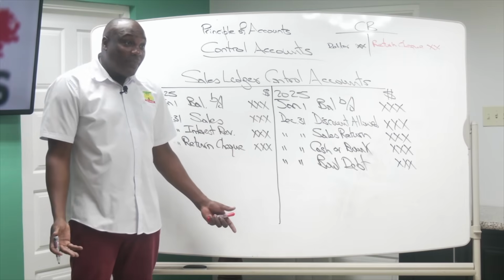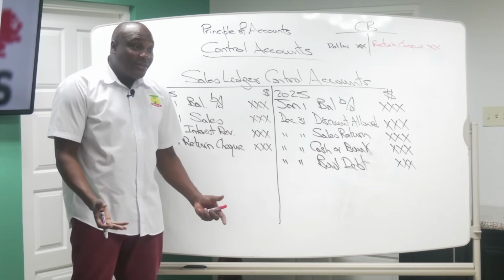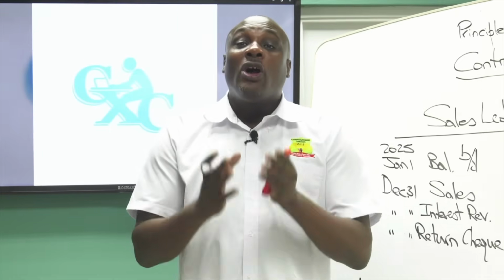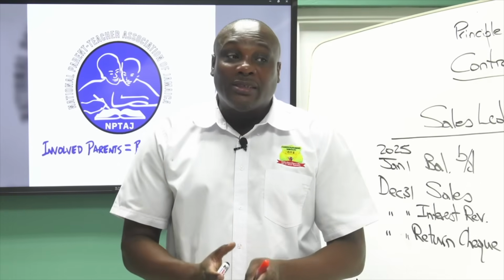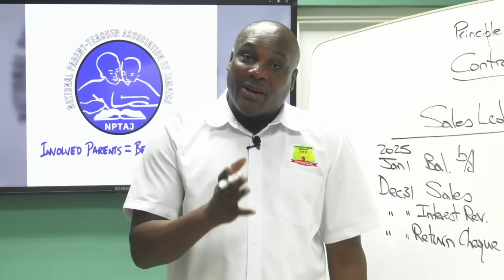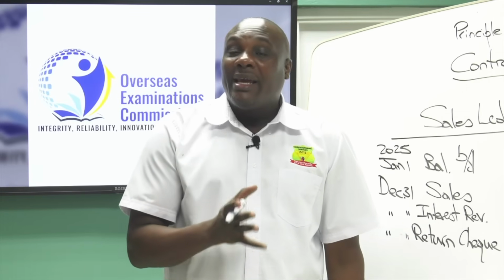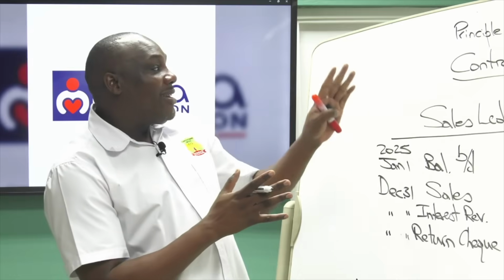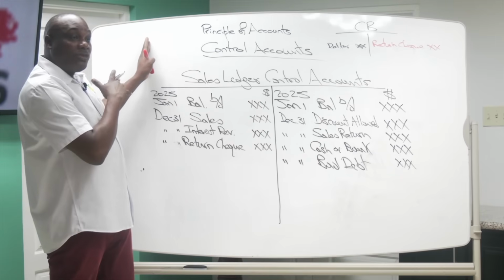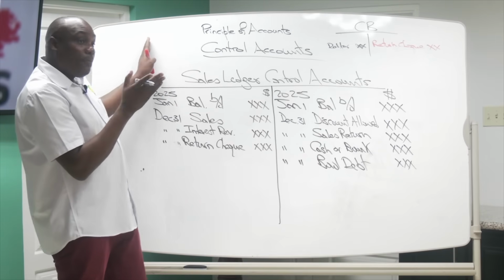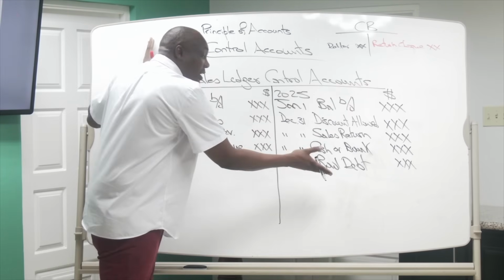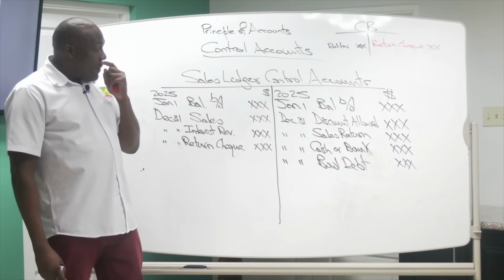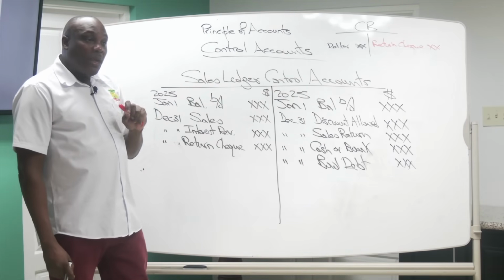Unlike any other expense, it carries a debit balance irrespective of what the expense is. Once it's classified as an expense, it carries a debit entry. So the bad debt account will carry a debit entry, so the corresponding entry based on the double entry rule must be on the credit side. Is that understood?